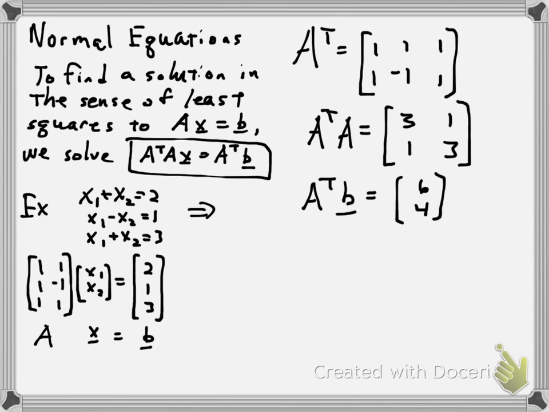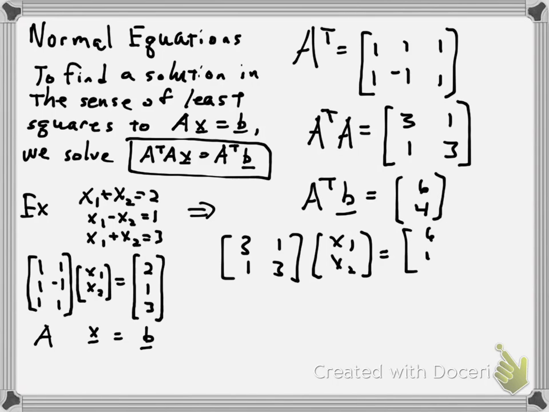Writing it out, we have this 2 by 2 matrix times a vector x1, x2 equals the vector 6, 4. And if we solve for what I'll call x hat, we get the solution 7/4, 3/4.